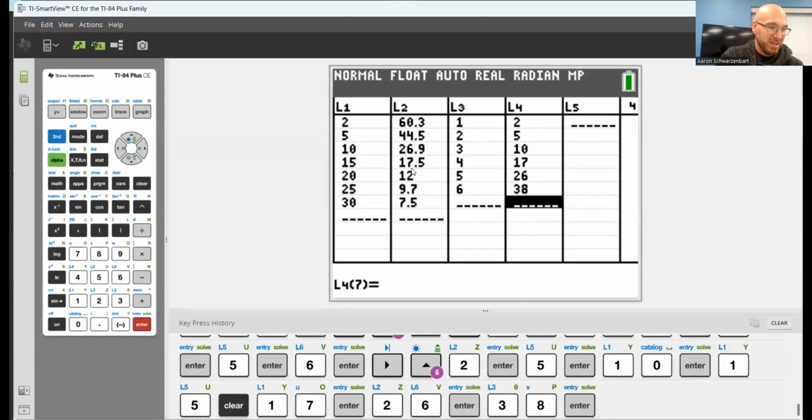Now we're going to talk about modeling. If you look at example 8, they've got temperature data on the side of page 327. And I've got that in my calculator here. So I am going to do an exponential regression. Now, the key thing they did here is they did T minus Tm.